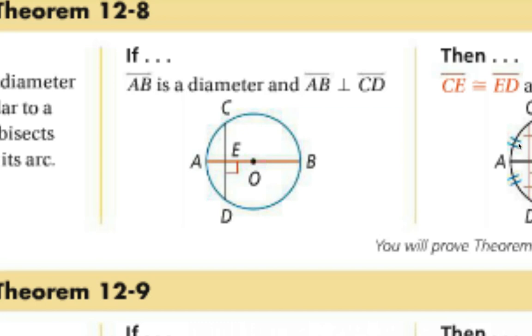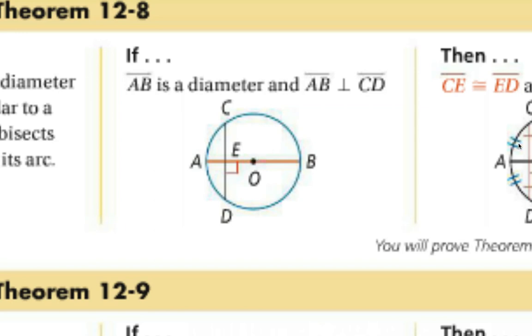Okay. Because that diameter cannot be up here. It's not a diameter then. Remember, a diameter has to pass through the center. If it was shifted off the center, then it would just be a chord. And if it came through at a different angle, then it wouldn't be perpendicular.